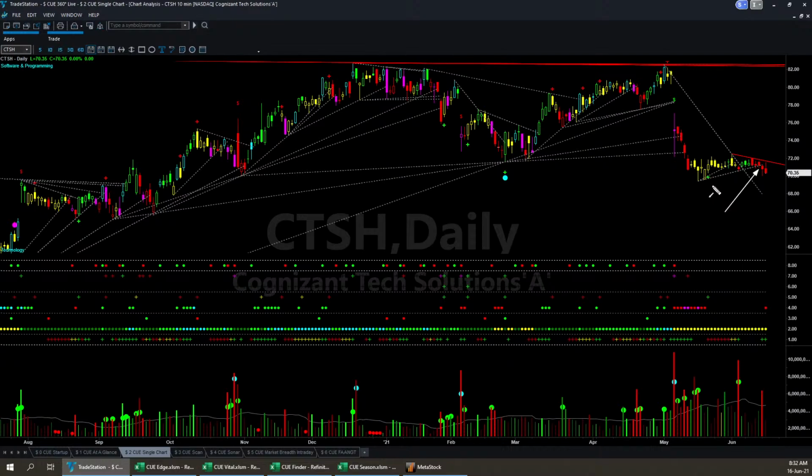Fundamentals were looking okay. I looked at the industry, and for industry I looked at Indian market industry rotation using QH, because CTSH is an Indian stock, though it is listed in the USA. In fact, it is listed only in the USA. It is not listed in the Indian market.